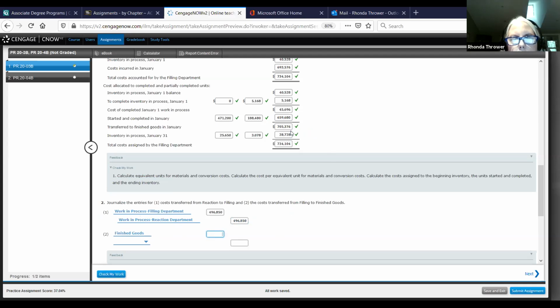It's $705,376. We will credit the work in process filling department for $705,376.